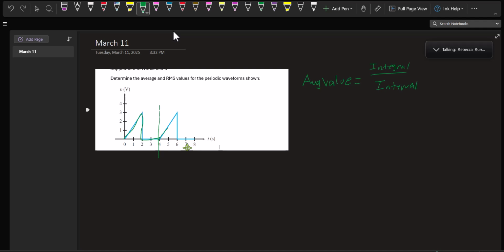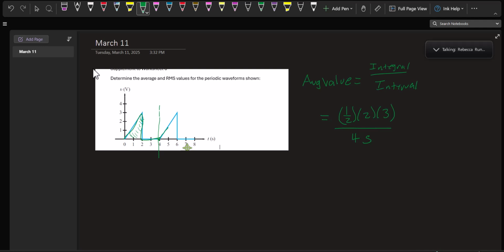That's a period, a repeating segment. And then the integral is going to be the area under that curve, and that's a triangle. So the area is going to be 1/2 times the base times the height, and the interval is 4 seconds.